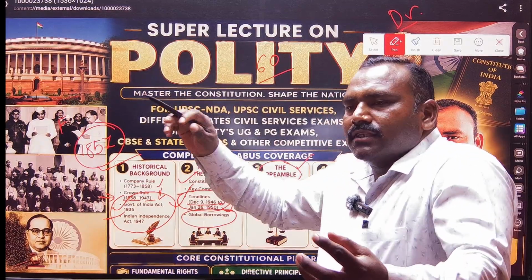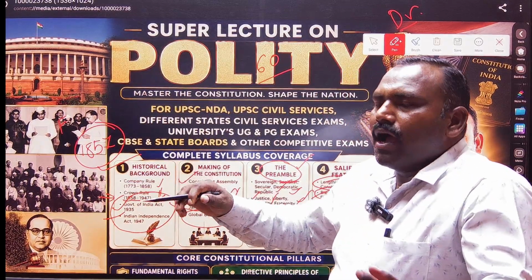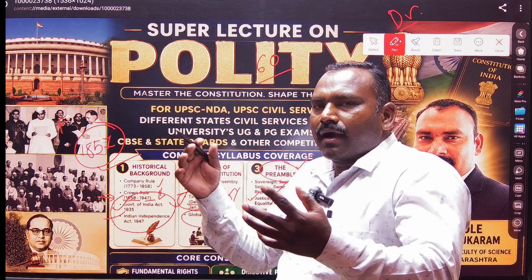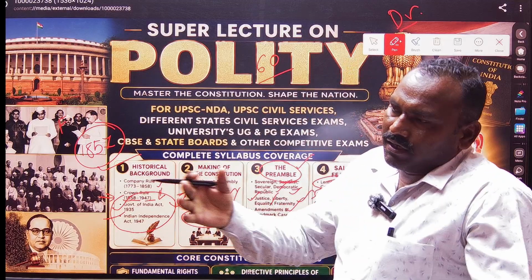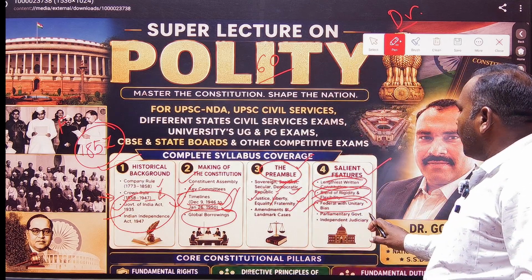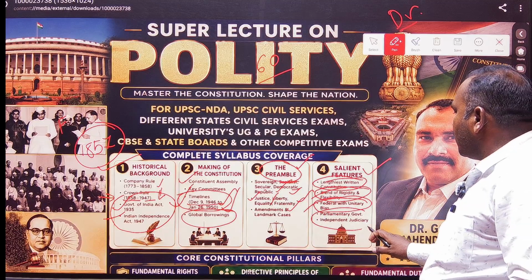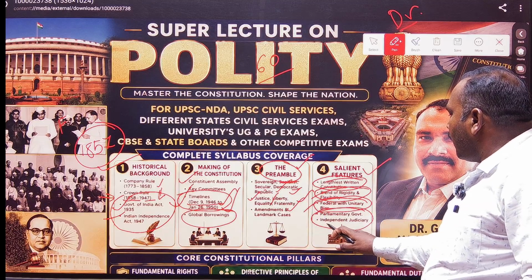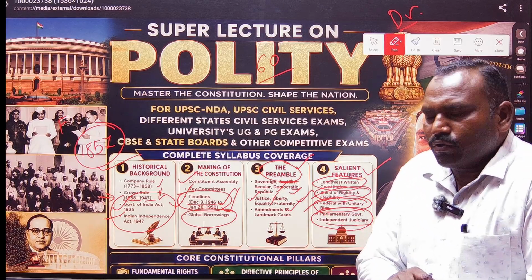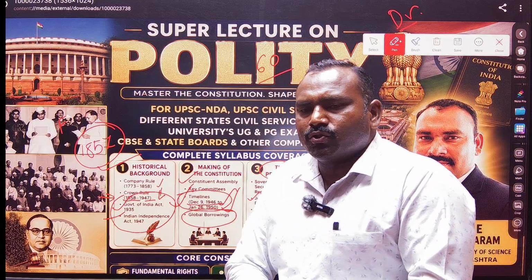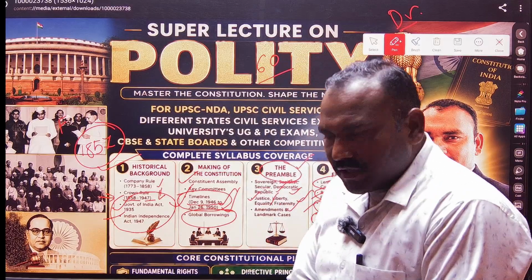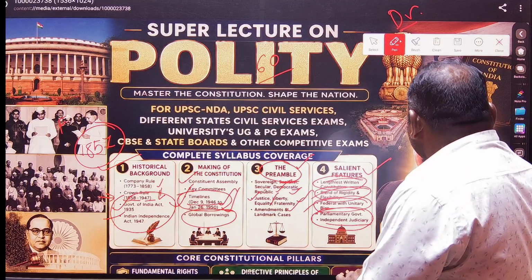Therefore, the center gives flexibility on different matters, whether state matters or center matters. The Indian government is a parliamentary government with an independent judiciary, because the Indian Constitution has three pillars: the legislature, the executive, and the judiciary. Therefore, the Indian Constitution has an important part.